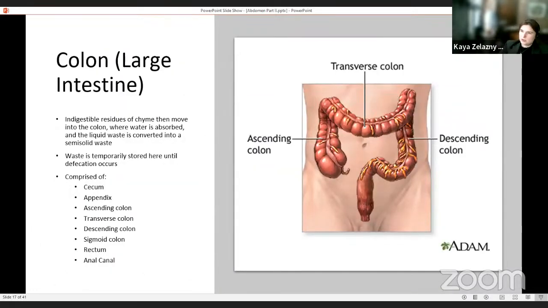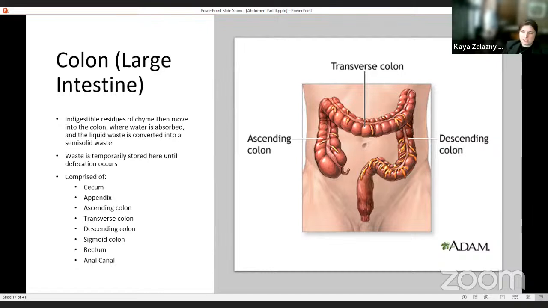So we're next going to move into our colon, which is another word for the large intestine. So the duodenum, jejunum, and ileum together made up our small intestine. The ileum is going to lead us straight into the cecum, which is the beginning of our colon or our large intestine. Now, in the small intestine, we hopefully digested everything we're planning to digest. So what we're left with in the colon is anything that we are unable to digest.